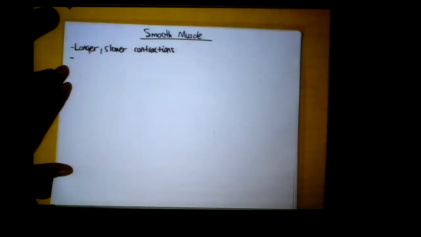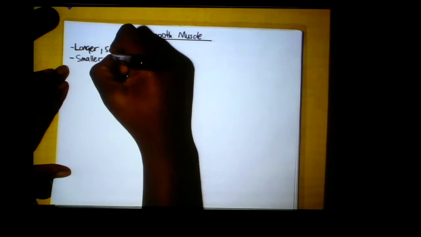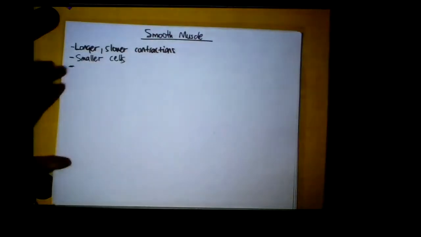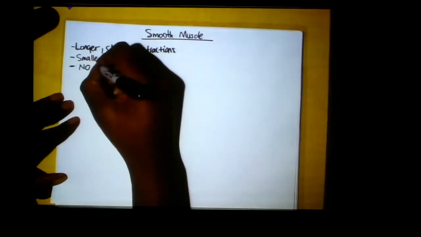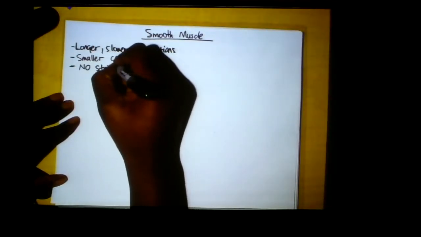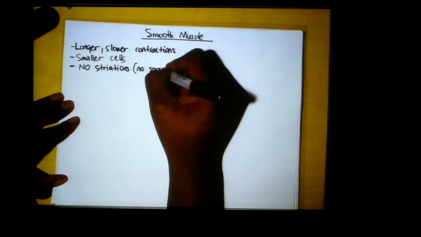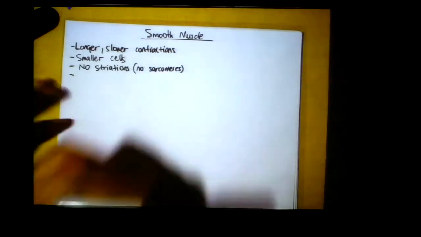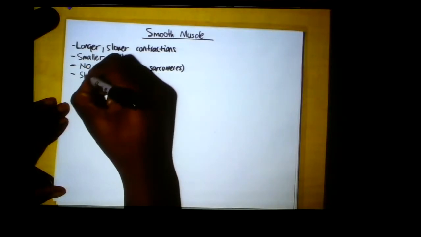Also, these cells are much smaller, right? About 1/10 the size of skeletal muscle cells or skeletal muscle fibers, okay? We also see no striations, meaning that there are no sarcomeres. And we know that there is still actin and myosin, which means that there's still the sliding filament model happening here.